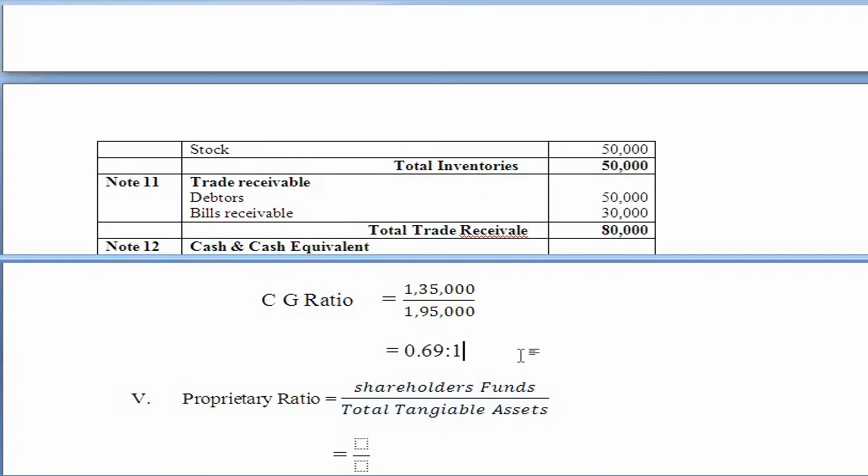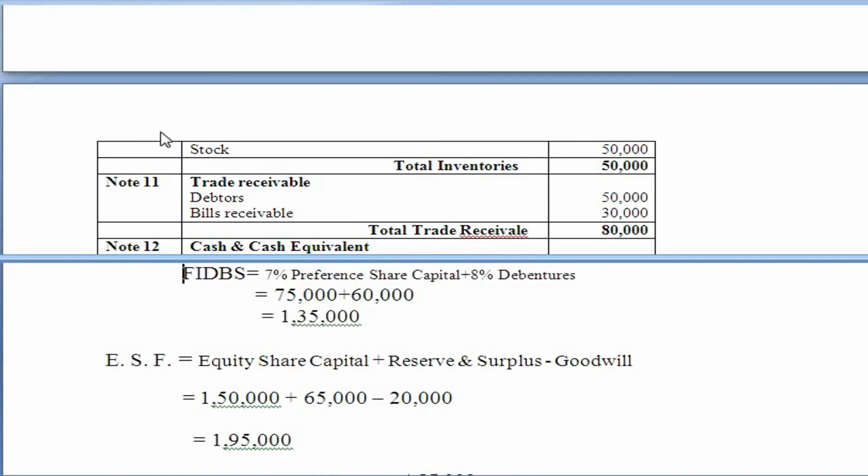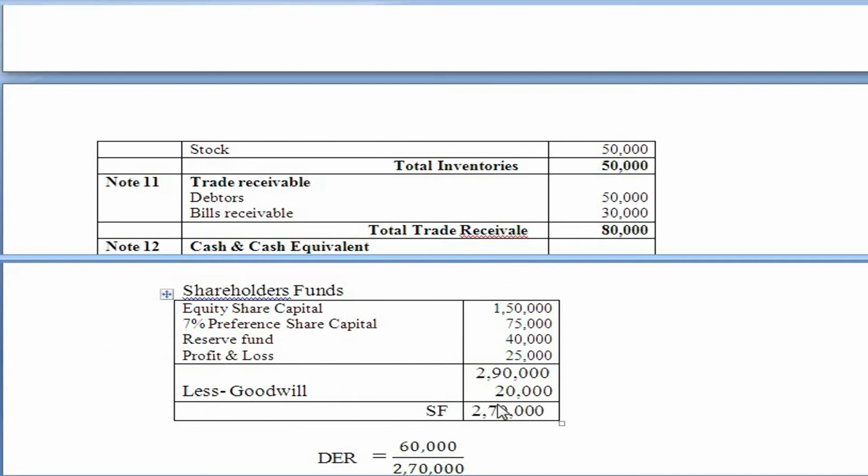Now here calculation of this ratio becomes easy because already we have calculated shareholders' funds, right? See here, the amount of shareholders' fund is how much? 2,70,000. So no need to find out the shareholders' fund again. Now shareholders' funds divided by total tangible assets.